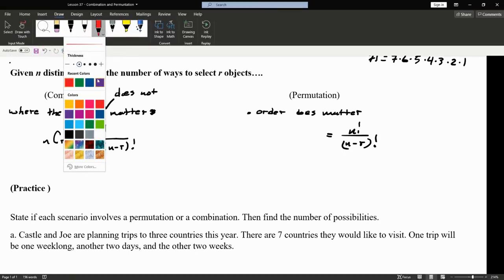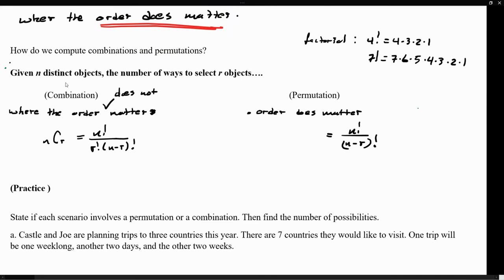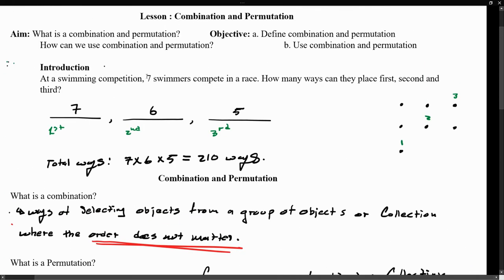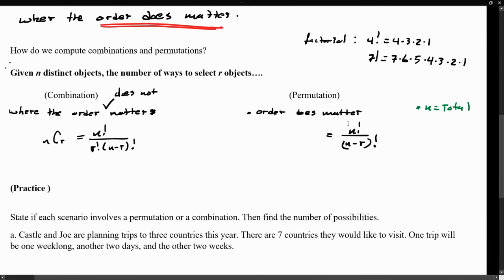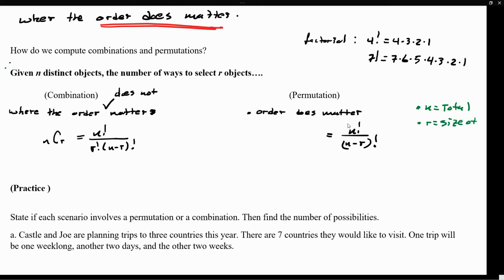One thing that I'm just not indicating too well is that n is the total amount of individuals that you have in the group, which, if we go back to the example that we did with swimmers, in this case n will be 7 because there are 7 possible selections that we can choose from. And r is pretty much the size of the group that you want to create.